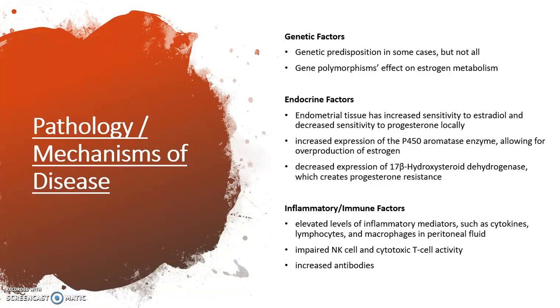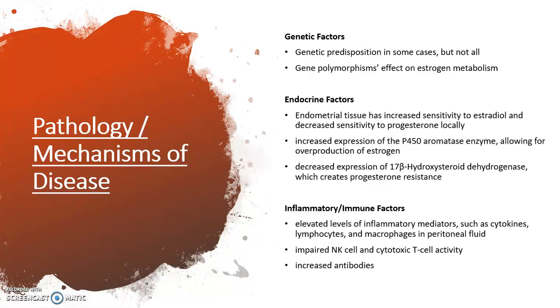And these lesions have decreased expression of the 17-beta hydroxysteroid dehydrogenase enzyme, which creates progesterone resistance. So this high estrogen and low progesterone locally in the endometrium creates the perfect storm for the growth and inflammatory process we see in endometriosis.